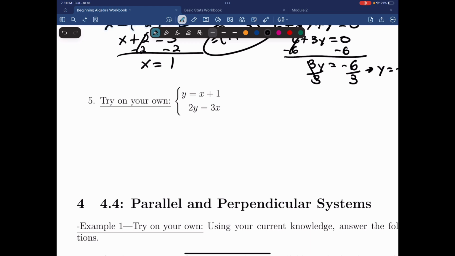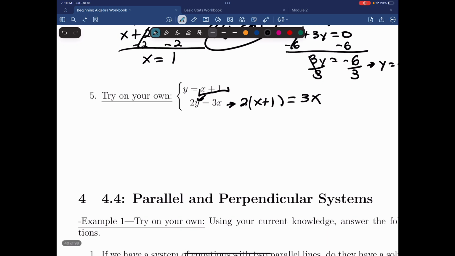Because this first equation up top is set equal to y, I'm going to take this expression x plus 1 and substitute it in for y. So let's do that. x plus 1, bring it in here. So we get 2 times y, which is x plus 1, set equal to 3x.